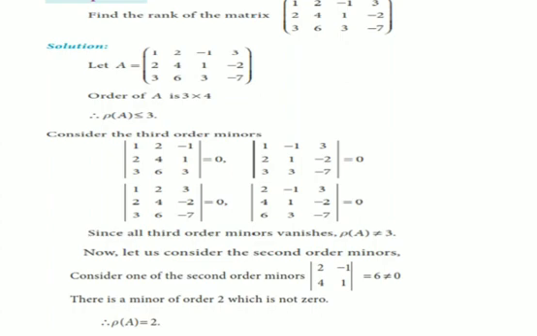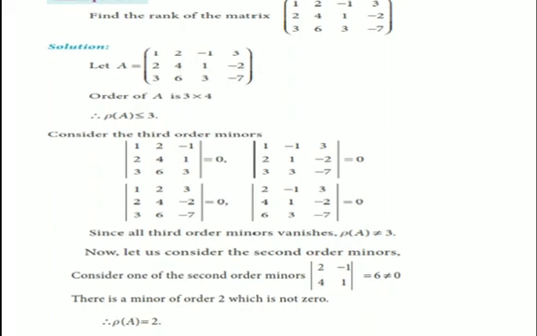You take 4 types of combination. First you write the first three columns. Then you leave the second column. Then you leave the third column. Then the fourth combination, you leave the first column and take the remaining 3 columns. Since all the third order minors vanish, now let us consider the second order minor.